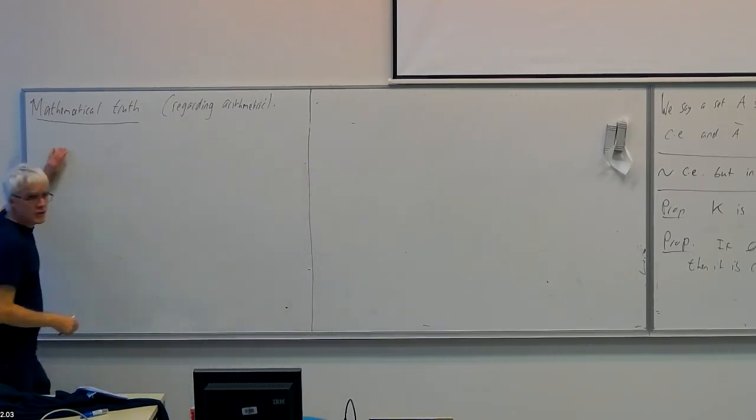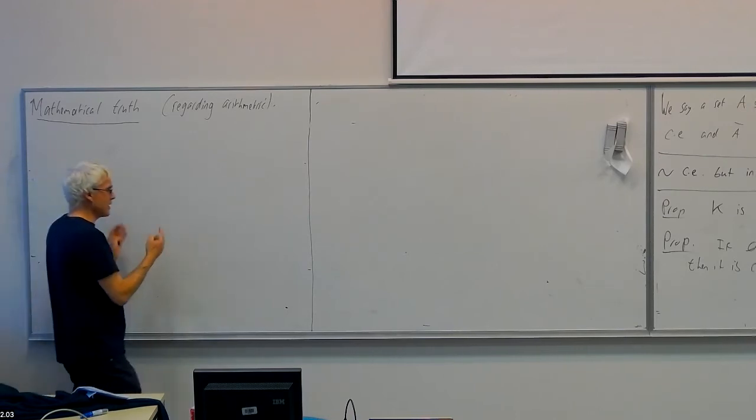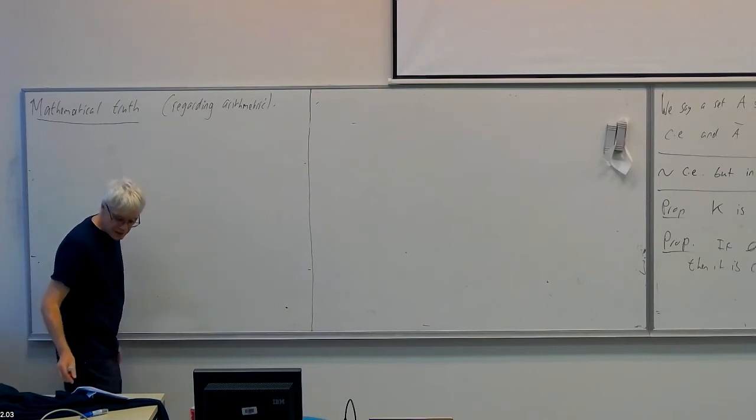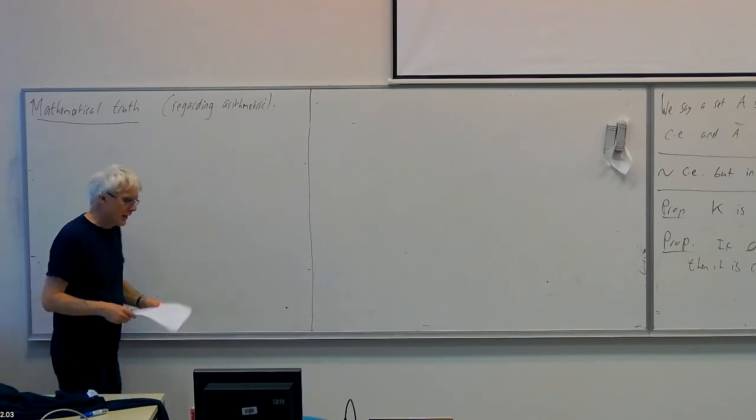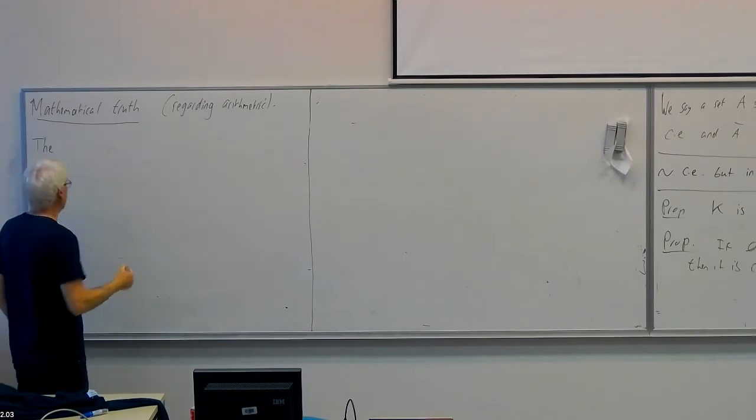So one of the important ideas of logic is to look at what are called formal languages, which are precisely defined languages for stating mathematical properties. And in particular, we're going to look at what are called the first order formulas.